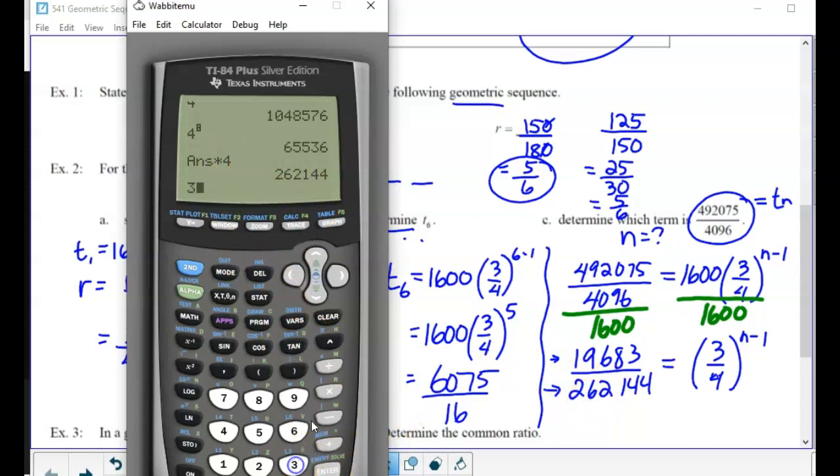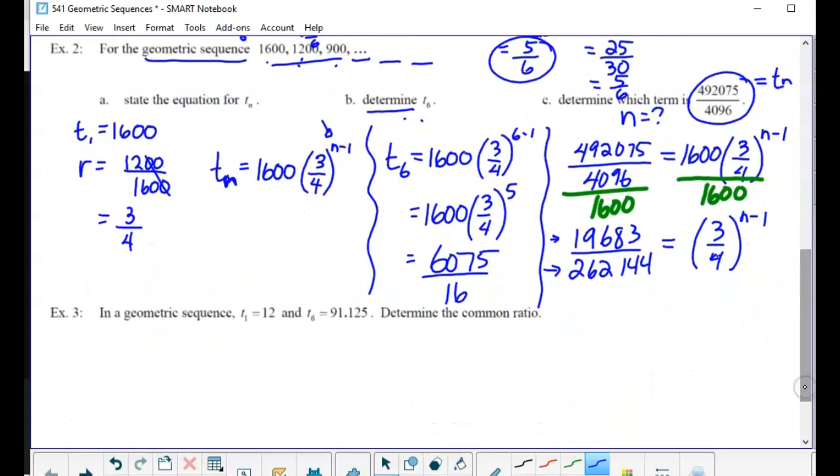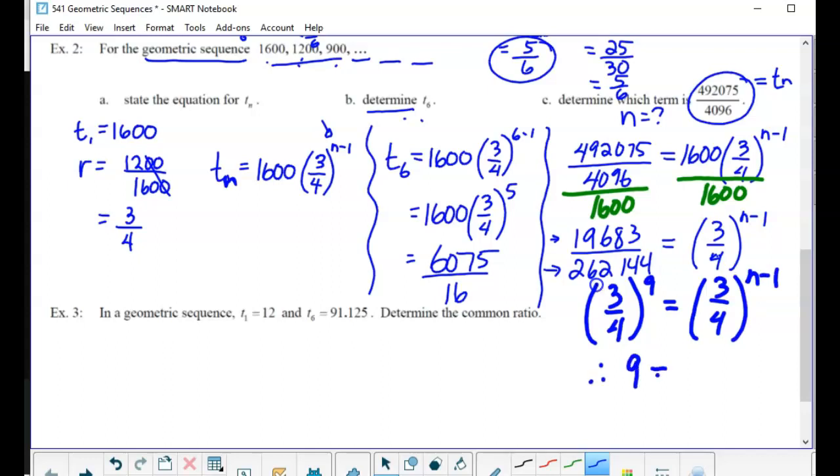Let's check, make sure 3 to the 9 is the numerator, and it is. Okay, so this left side is 3/4 to the 9. Okay, so that means n has to be 10. So basically here, we know 9 has to equal n minus 1, so n is 10.